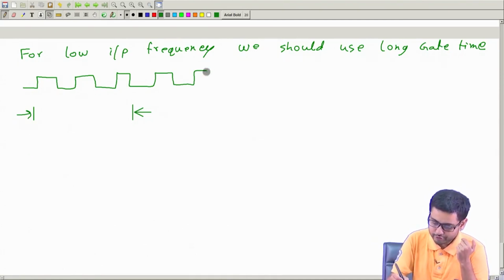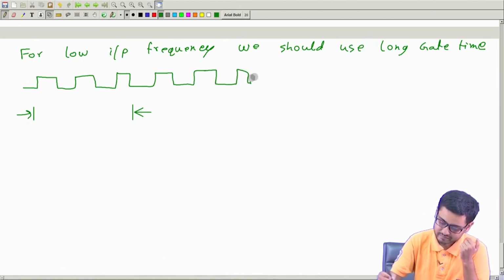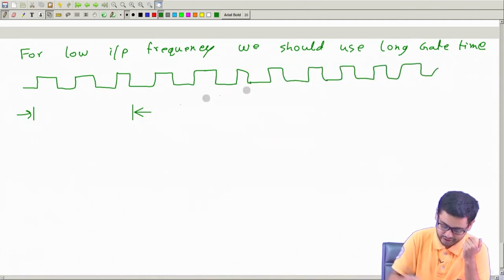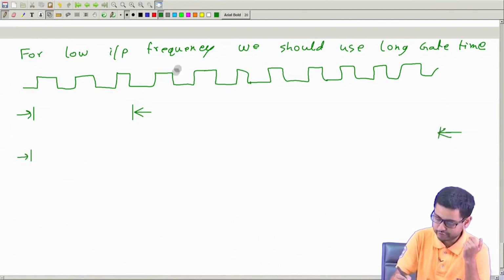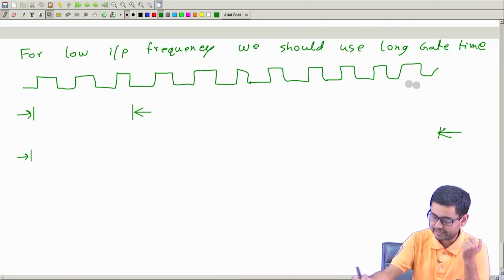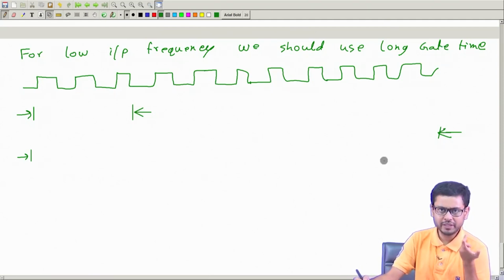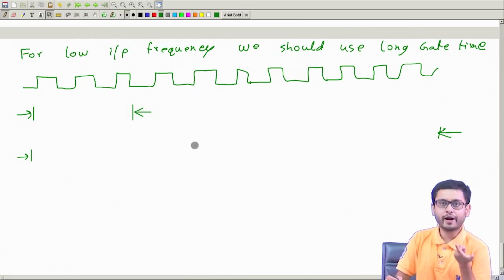But if you wait for a longer time, okay, like this, starting from here up to here, you have 1, 2, 3, 4, 5, 6, 7, 8, 9, 10, almost 10 cycles. If you miss one or get an extra, your mistake is 1 out of 10.